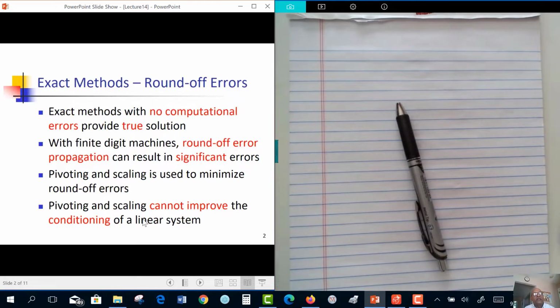However, if our linear system is ill-conditioned, we can do nothing. What pivoting and scaling does is it just minimizes error. If it was an ill-conditioned system, we have to be especially careful. But if it is a well-conditioned system, we don't have to worry as much about pivoting and scaling as in the ill-conditioned system.